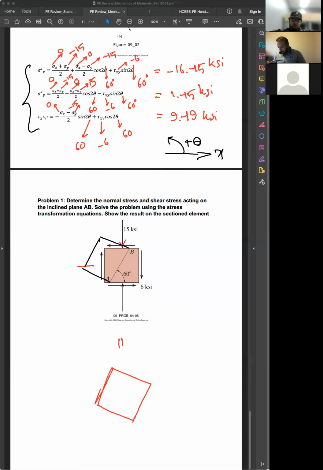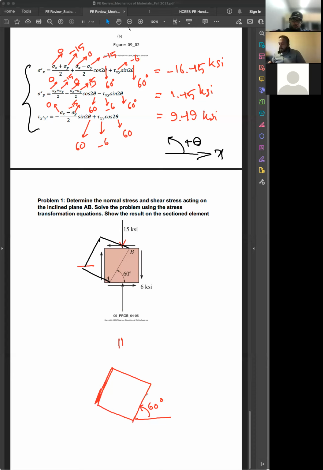This is your rotated system, right? This is a 60 degree rotation you have.